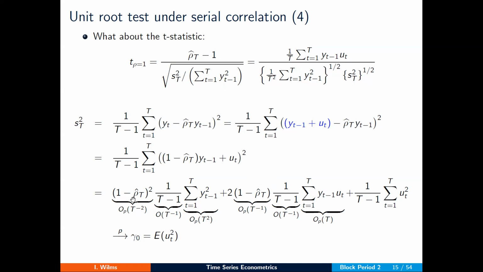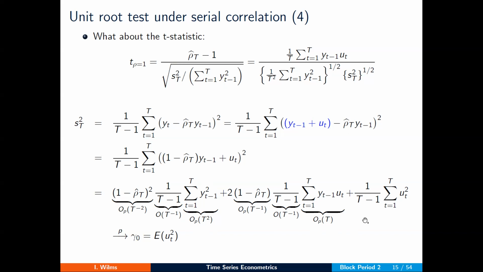And the squared term here is then nothing more than the square of 1 over T. The other terms are the numerator and the denominator from my previous derivations. And I know that the scaling of the numerator was 1 over T, and the scaling of the denominator was 1 over T squared. So I also know the stochastic orders of these terms.